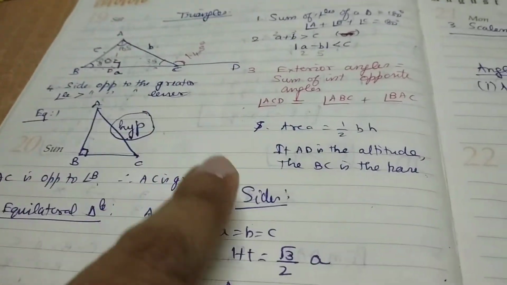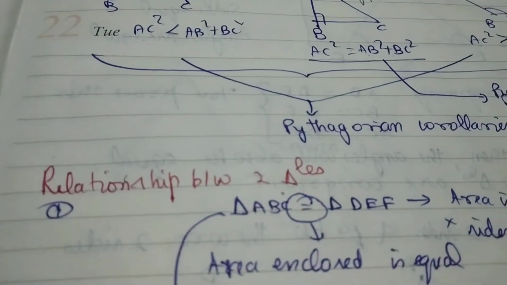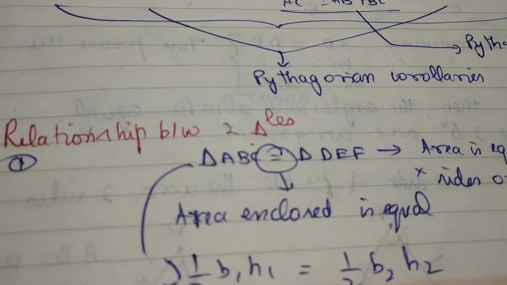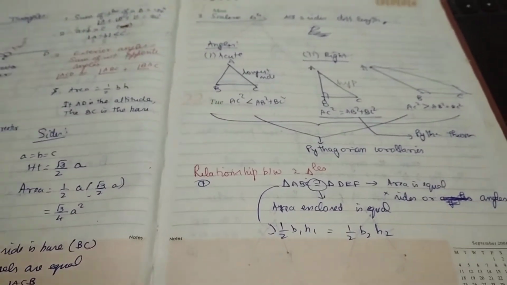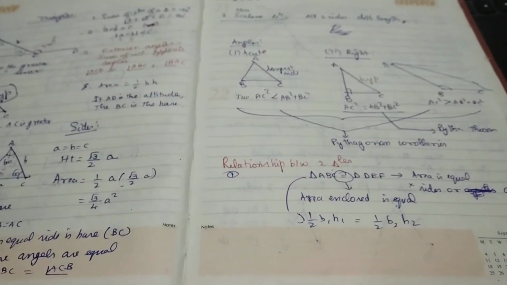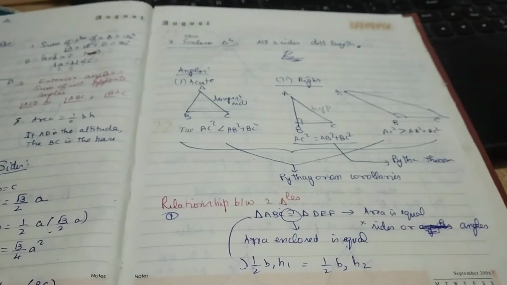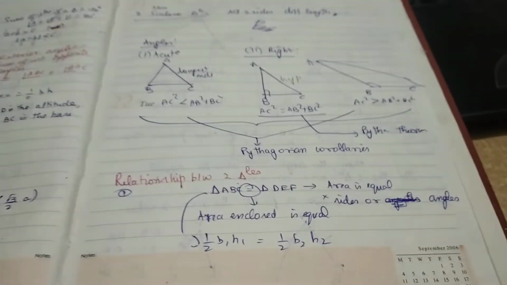So here we have classified the triangle based on sides and based on angles. Now we are going to establish a relationship between two triangles. Suppose that I give two triangles to you and some relationship has to be established between them. Then what are all the ways in which I can establish it?